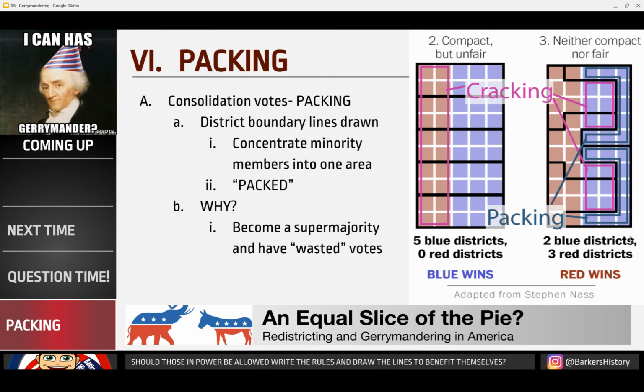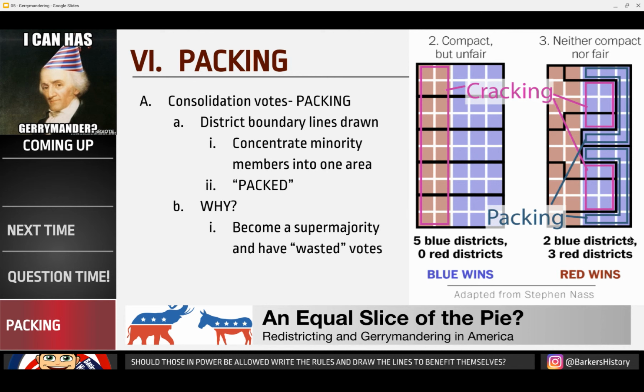If you want to break up that liberal vote and allow the rural districts to have more say and more influence, then you would maybe pack and have a few blue districts overall. But for the most part, you're not going to give a whole urban area, a 50-mile radius around it, into the same district. You might split up into a very small district with really high concentrated groups of blue voters, right? So in this case, that's what they did.